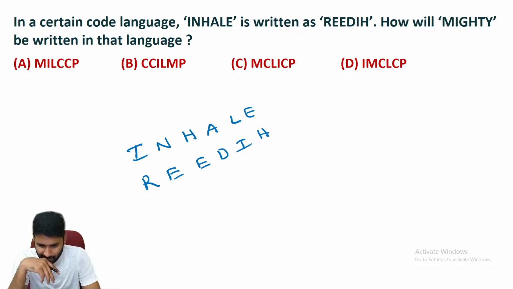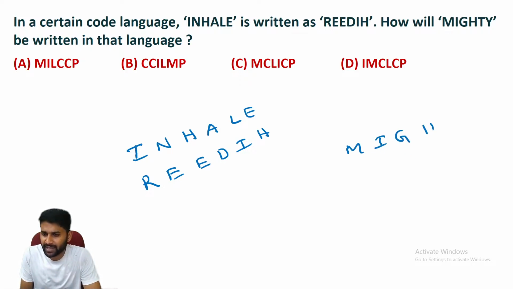What is the answer? You want the numbers: see the ninth letter, 14th letter, 8th letter, first letter, 12th letter.